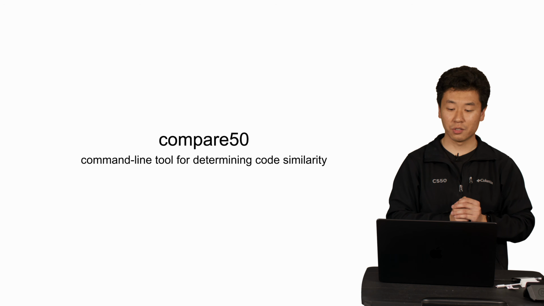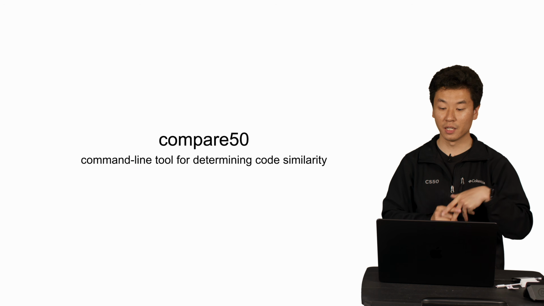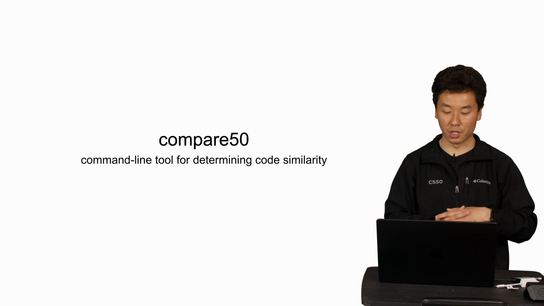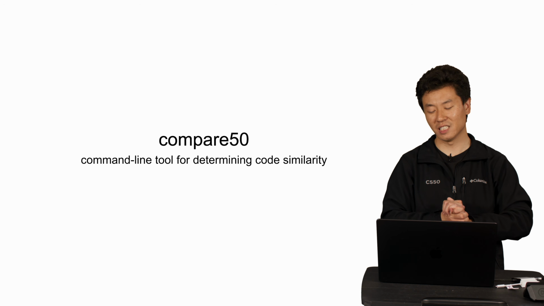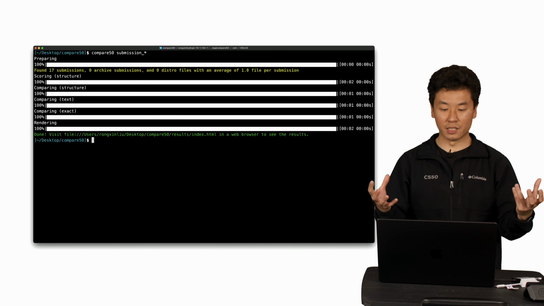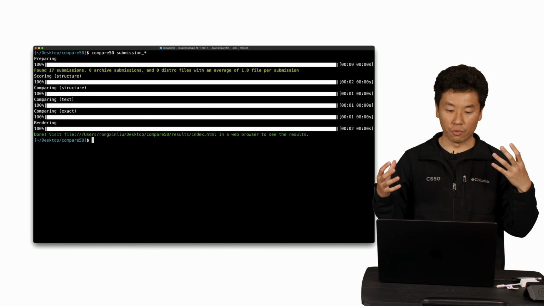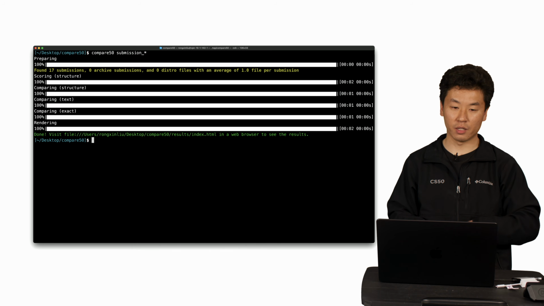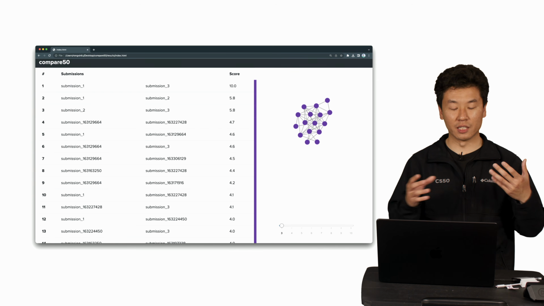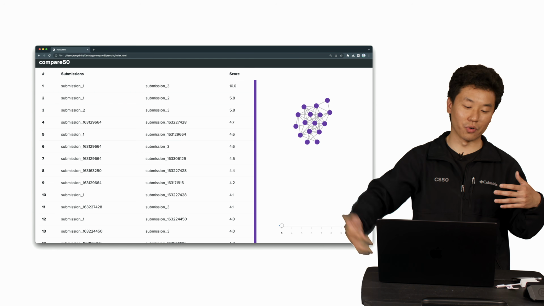We also have another tool called Compare50. It's mostly to determine code similarity. You can use it to resolve some academic honesty cases. If you collect all the submissions from submit.cs50.io, you can run Compare50 on all the submissions, and it will tell you which submissions are similar to other submissions by a score, right?